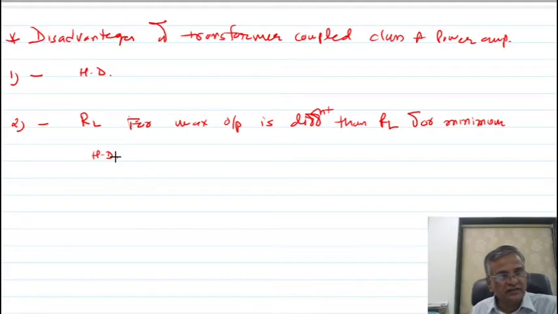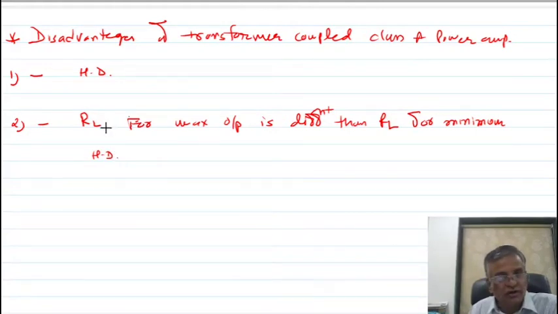We have seen from the graph that the load which gives the maximum output power is different than the load which gives the minimum harmonic distortion. For a good power amplifier design, the harmonic distortion should be small. So we can say that one has to sacrifice the output power to have a low harmonic distortion.